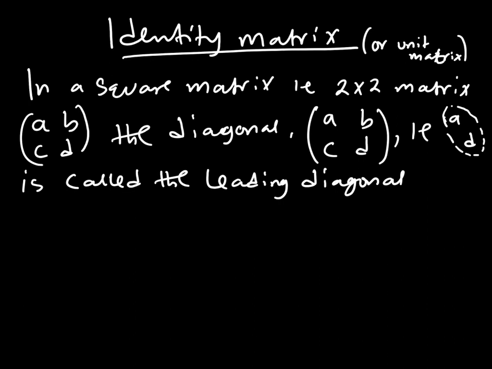So if we have a 2 by 2 square matrix with the entries A, B, C, D, then the entries on this diagonal form what we call the leading diagonal. And then this other diagonal, in this direction, is called the secondary diagonal.